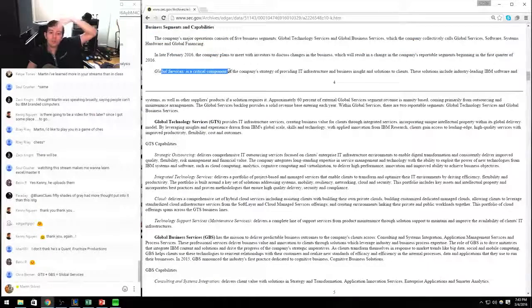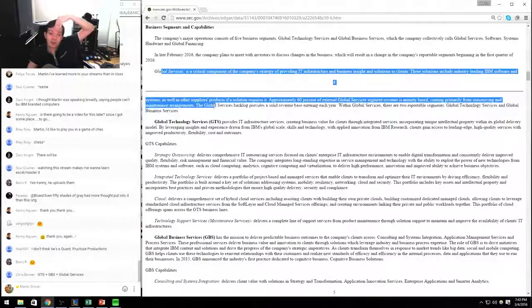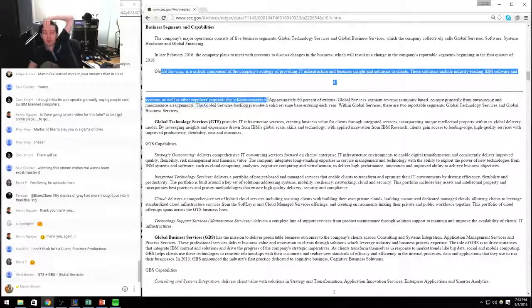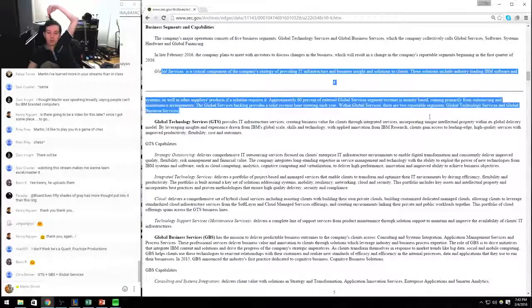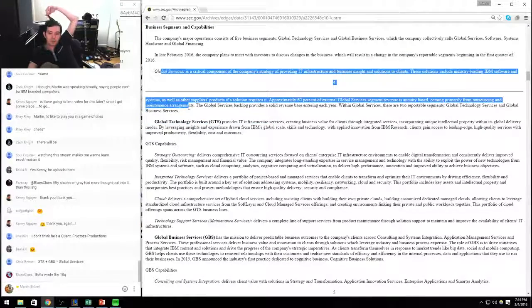Global services, a critical component of the company's strategy of providing IT infrastructure. The solutions include IBM software and systems as well as other suppliers' products. 60% of the services segment is annuity-based, coming primarily from outsourcing and maintenance.